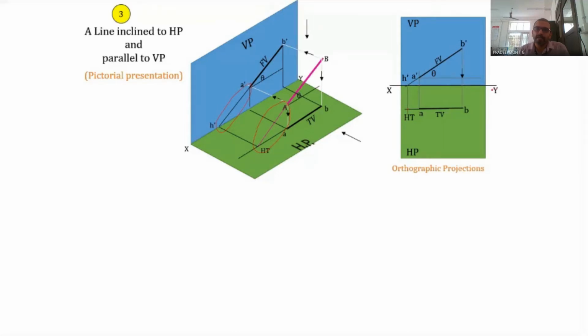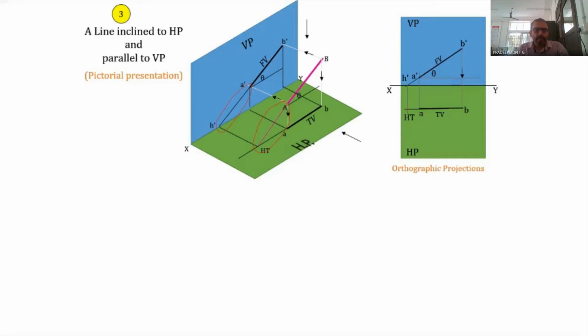In that case, the point of intersection of XY with A dash B dash will be the H dash. So in that particular case, the HT will be lying in the top view itself. In all the other cases, we have to extend the front view as well as the top view in order to mark H dash as well as the horizontal trace HT.